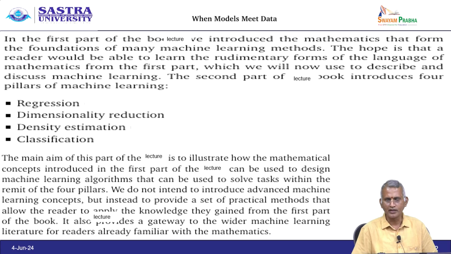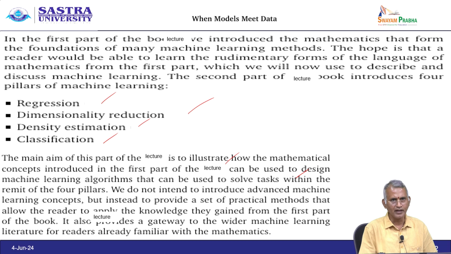The second part of the lecture introduces the four pillars of machine learning. They are regression, dimensionality reduction, density estimation and classification. The main part of the lecture is to illustrate how the mathematical concepts introduced in the first part can be used to design machine learning algorithms that solve the tasks within the remit of the four pillars.